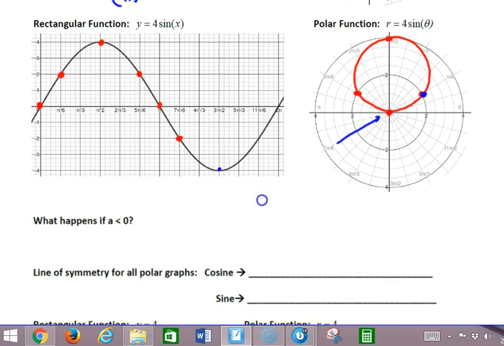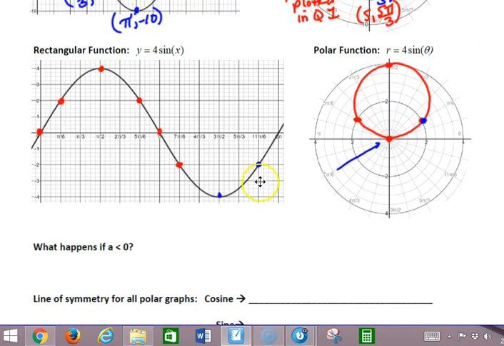And 3 pi over 2, negative 4 turns out to be pi over 2, positive 4. And 11 pi over 6, negative 2 ends up being at 5 pi over 6, positive 2. So when we get to this section of the graph that's below the x-axis, we end up plotting on top of the points that we already have. So this is a sine polar function circle graph.